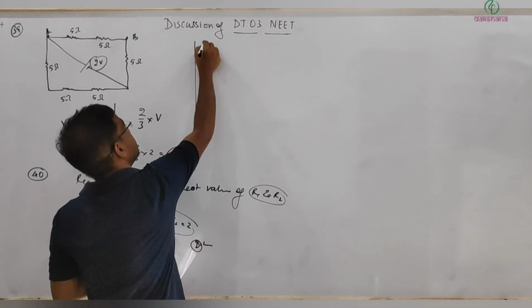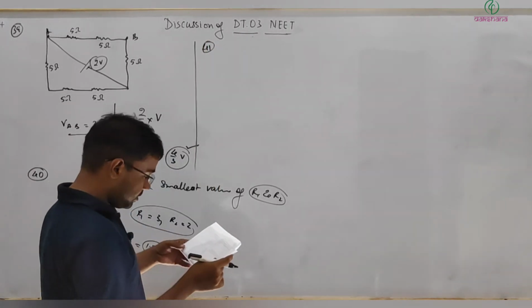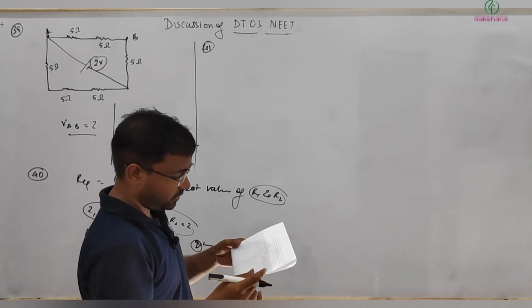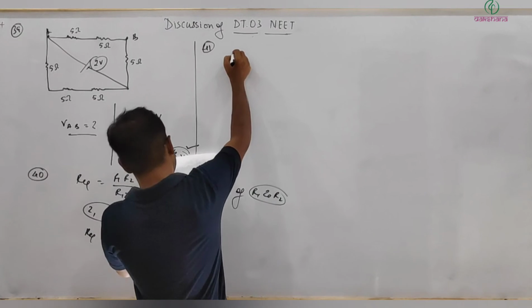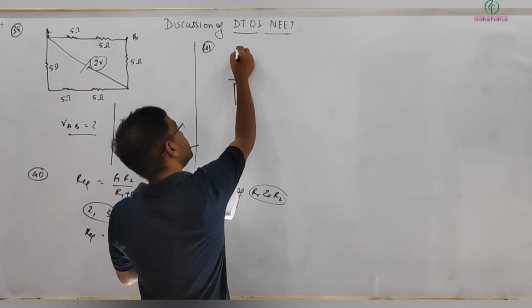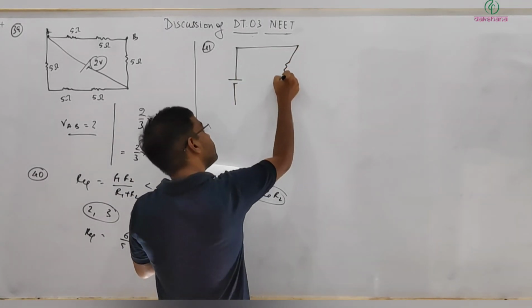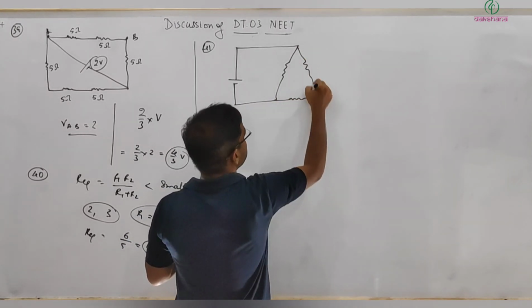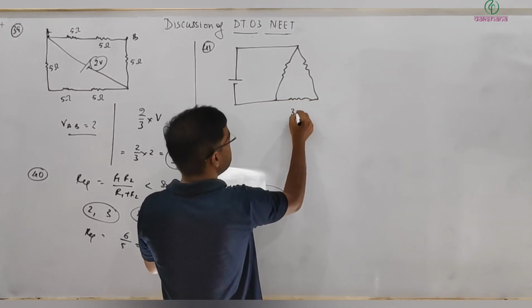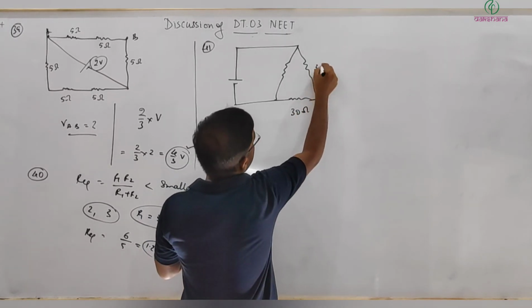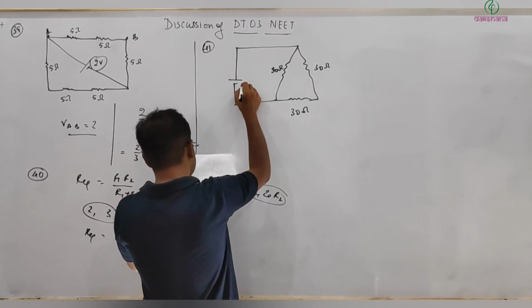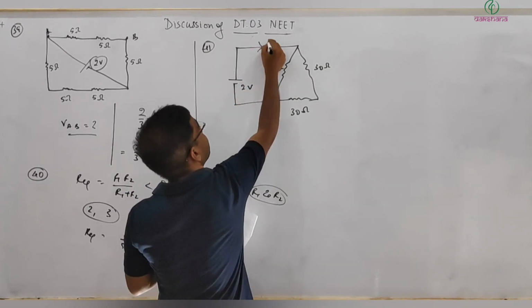Next, question number 41. The current in the adjoining circuit will be. Here you have a simple circuit with 30 ohm, 30 ohm, 30 ohm, and this is 2 volt. So current I is asked.